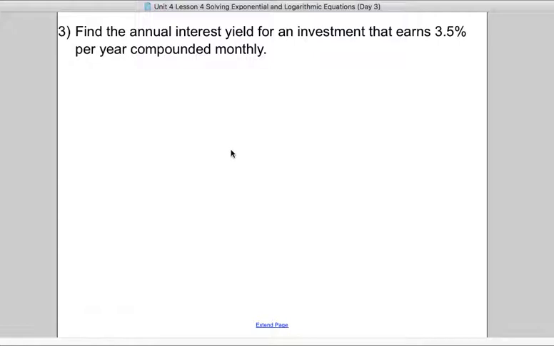Find the annual interest yield for the investment that earns 3.5% compounded monthly. So basically we have to compare compounded monthly to annually.